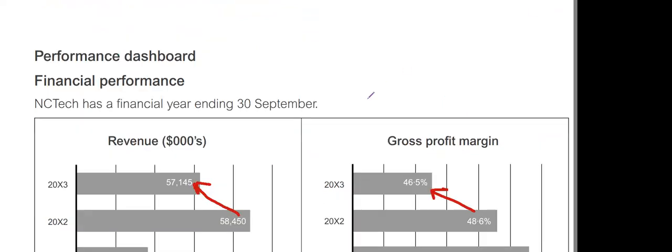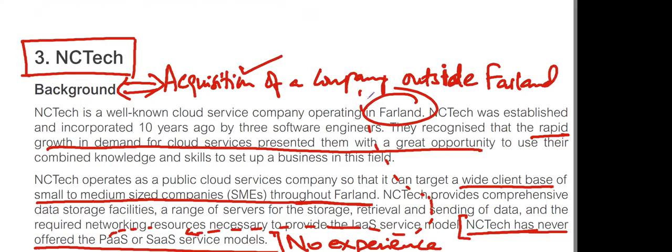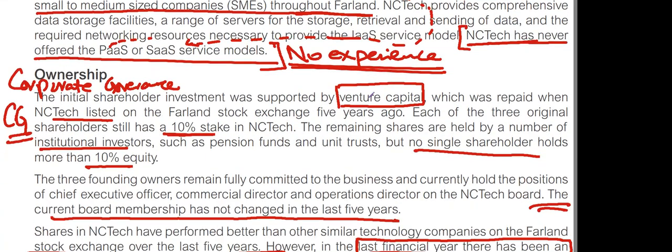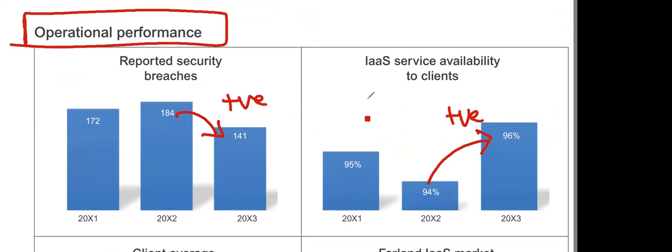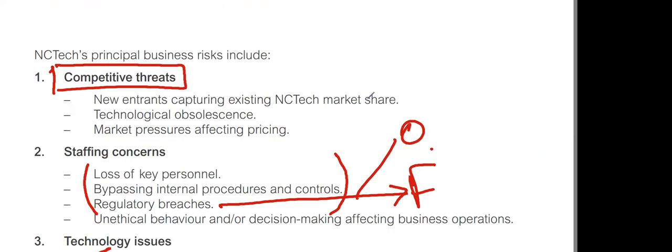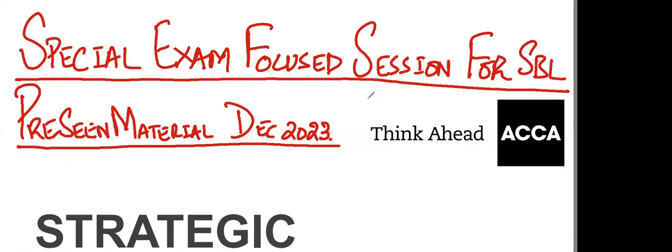The examiner hasn't told you the key issues that NCTech is actually facing, hasn't hinted much towards them, so it's all inferential. Now, the real issues would be there in the exam, but through this session, I've tried to give you a flavor and a focus of what to expect on the exam day, and how the different information that has been provided in this pre-seen information could be utilized on the exam day.